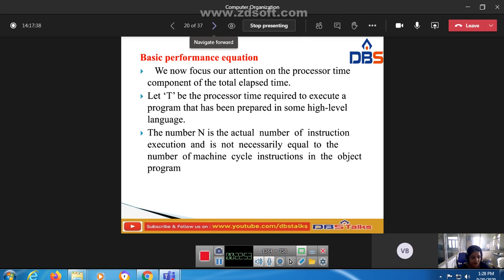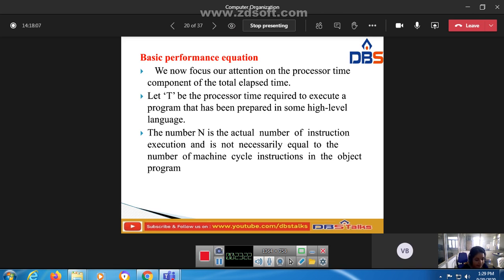Next, basic operation performance equations. We need to focus attention on the processor time component of the total elapsed time. Let T be the processor time required to execute a program that has been prepared in some high level language. The compiler generates the machine language object program that corresponds to the source program. Assume that complete execution of a program requires the execution of N machine language instructions.